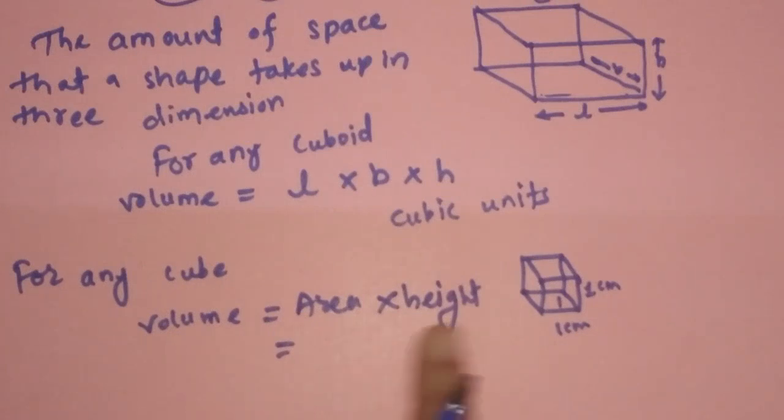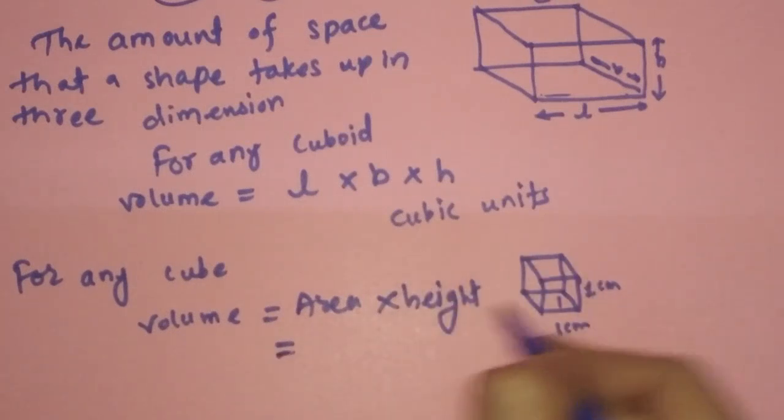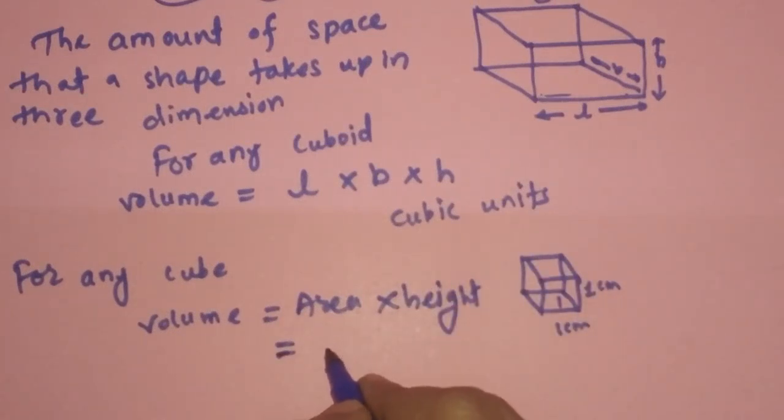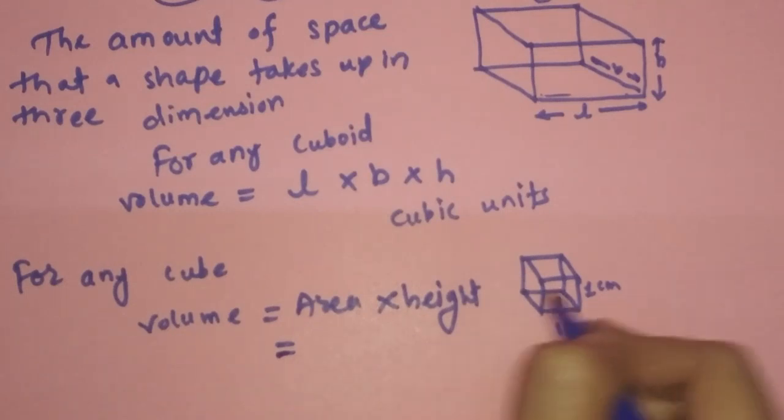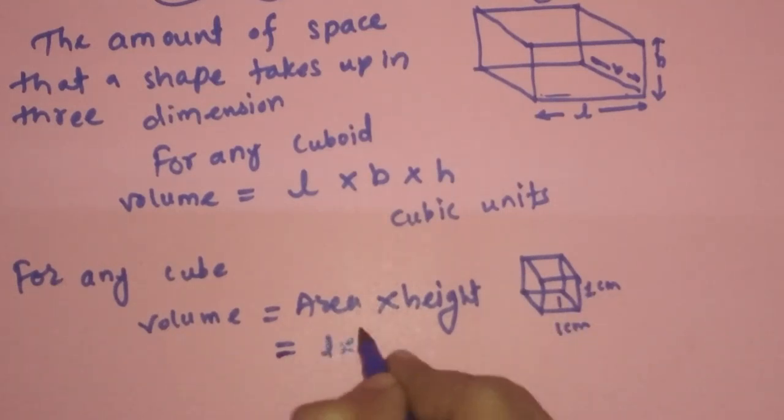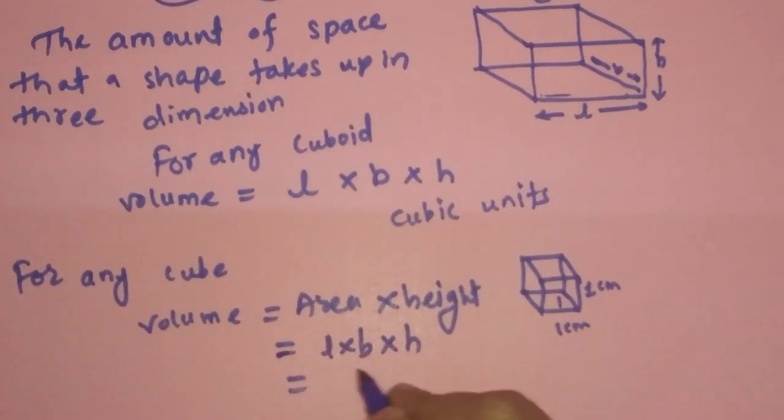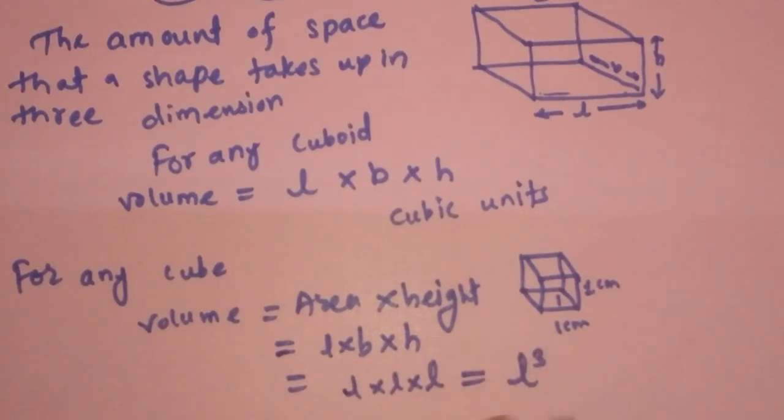And the area of this face is side into side, which is L into B, multiplied by height. Here all the dimensions are equal in a cube, so you can simply say L into L into L, that is L cube.